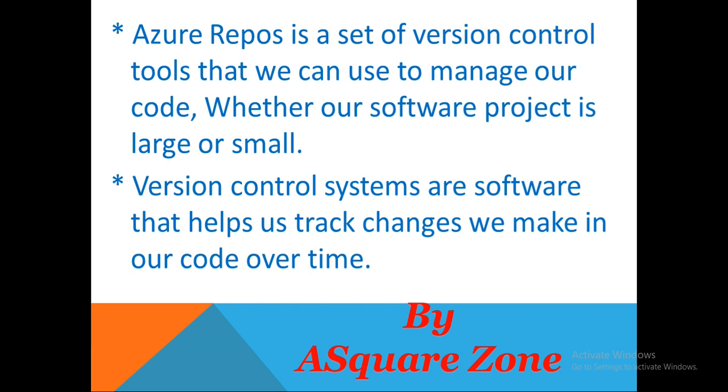Version control systems are software that helps us track changes we make in our code over time. As we edit our code, we tell the version control system to take a snapshot of our files. The version control system saves that snapshot permanently so we can recall it later if we need it.